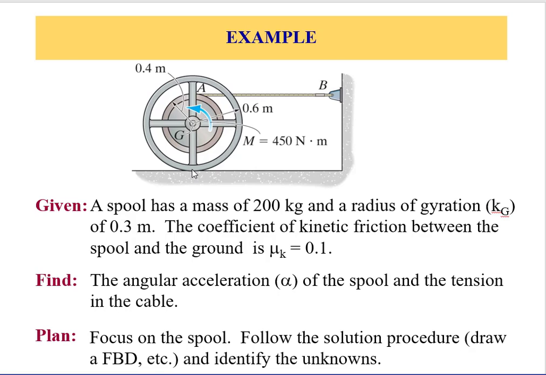So this remains constant. Therefore, we already have one relation: the acceleration a_G is going to be equal to r multiplied by alpha, because simply this point is not moving, right? From this illustration you can make that.